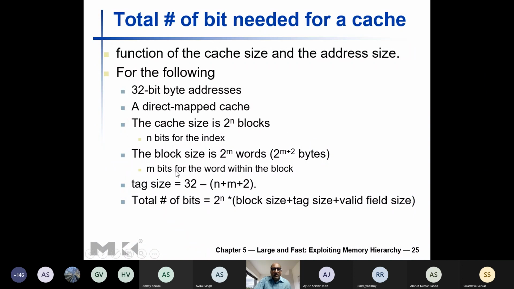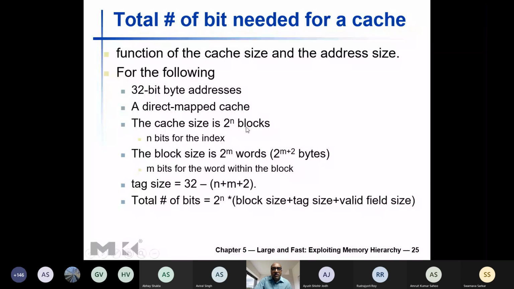And from this, you can come to know about the tag size, because the tag is nothing but the higher order bits. In the total address space, you leave out the block offset and the number of blocks, because the cache can support 2 power n blocks.